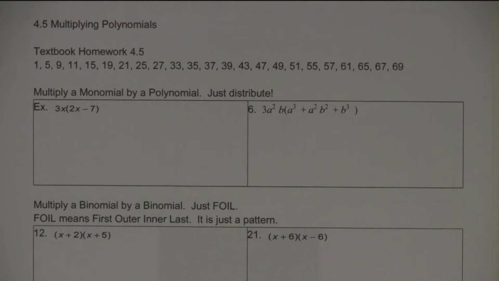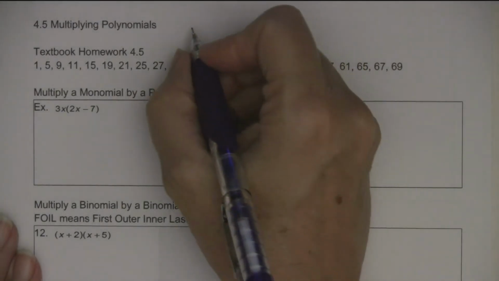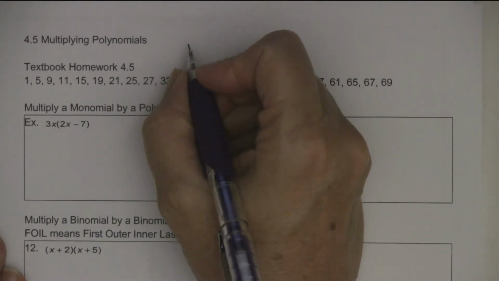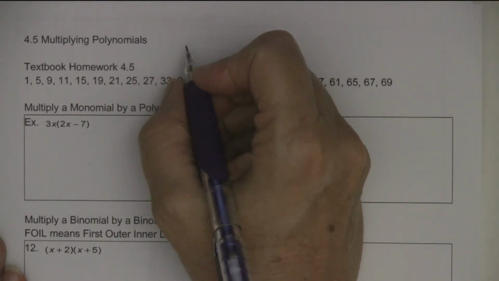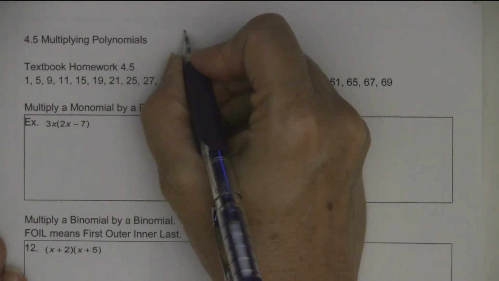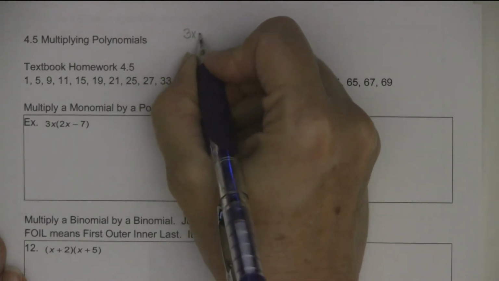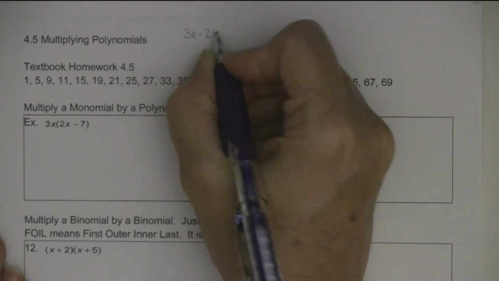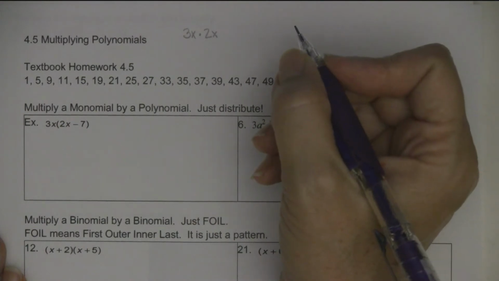And the reason I say that is because they had showed us how, in 4.2, I guess, to multiply 3x times 2x, right? So a monomial times a monomial.